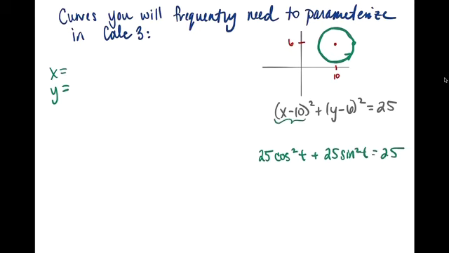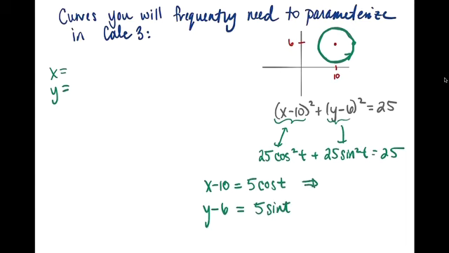This helps me realize I just need (x minus 10) squared to be 25 cosine squared. So I'm going to take the positive square root here and get x minus 10 is 5 cosine t. And then here I'm going to get y minus 6 is equal to 5 sine t.